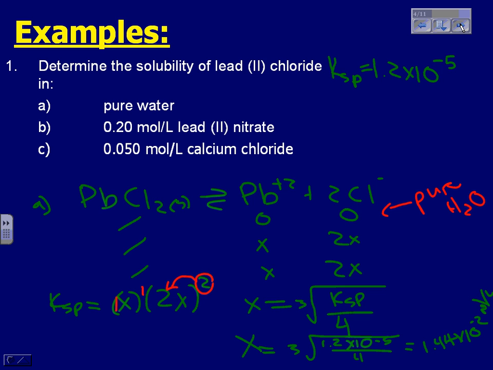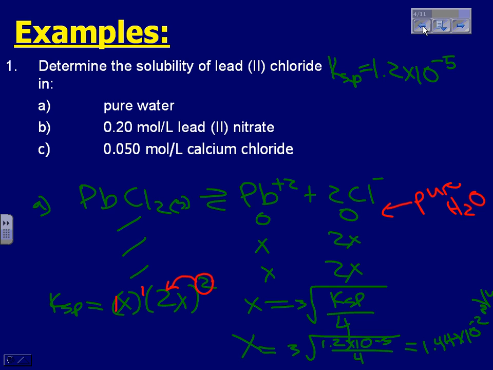Okay? So I'm going to have to advance the slide in order to see that guy. So again, even though it says it's in some lead-2 nitrate, I'm still worried about the lead iodide, PB, what am I doing? Are we doing lead iodide, lead chloride? We're doing lead chloride. The lead iodide was my first example.